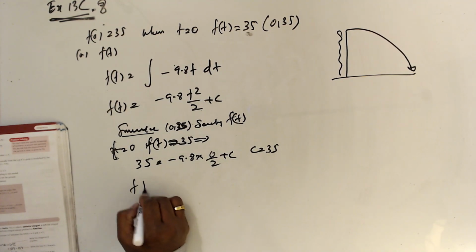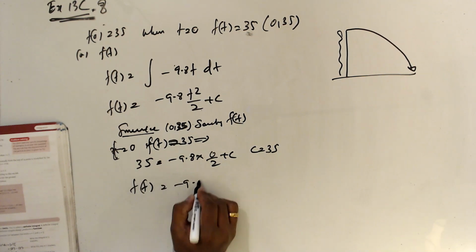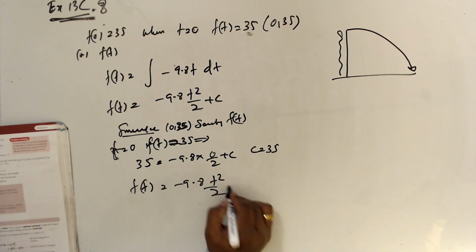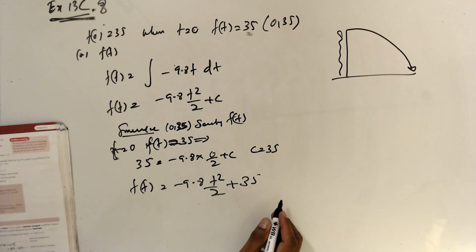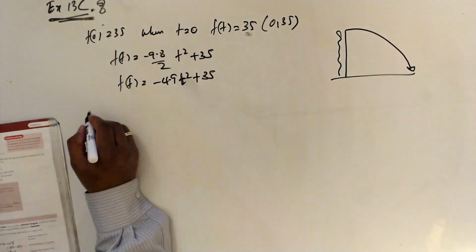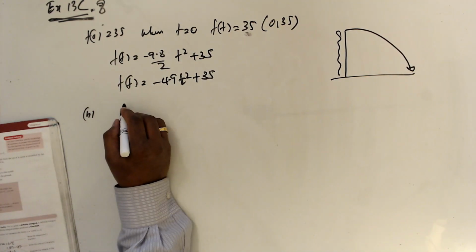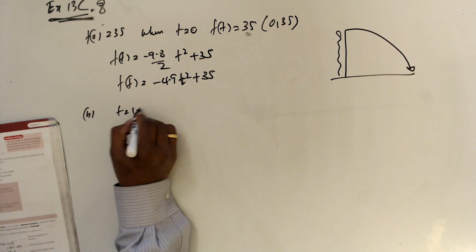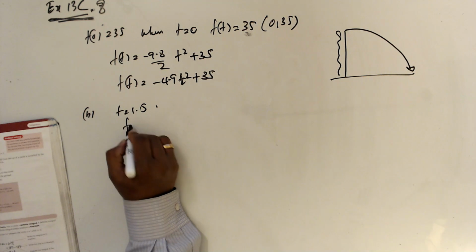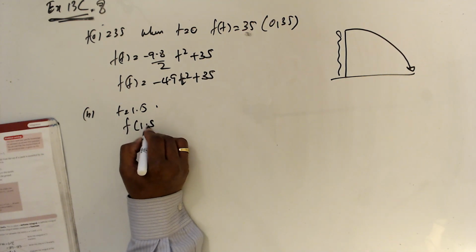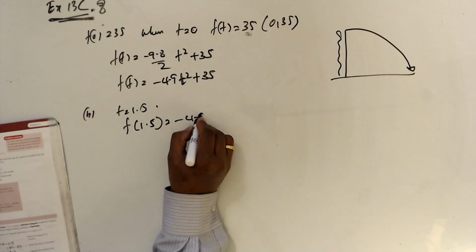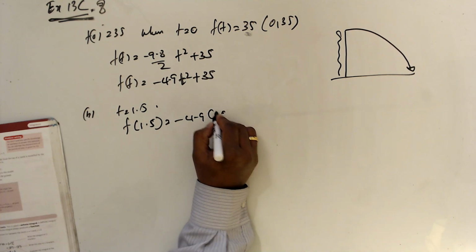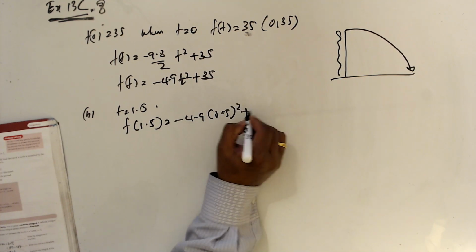So the curve is f(t) equals minus 4.9 t square plus 35. Part B, determine the height of the arrow when t equals 1.5. So we want to find f(1.5). This is the replacement: minus 4.9 times 1.5 square plus 35.